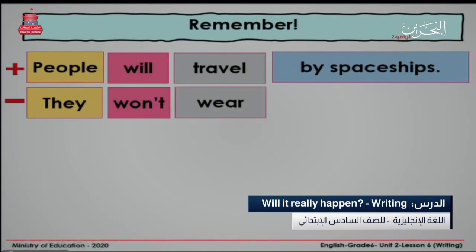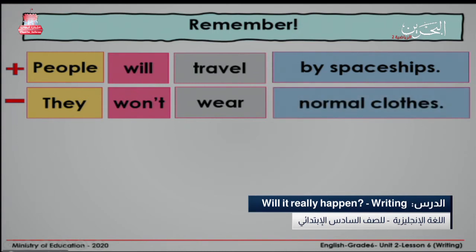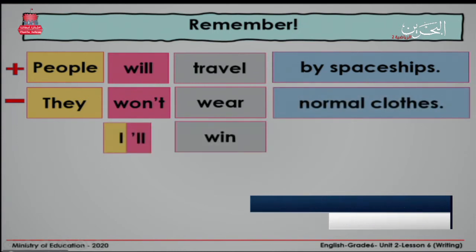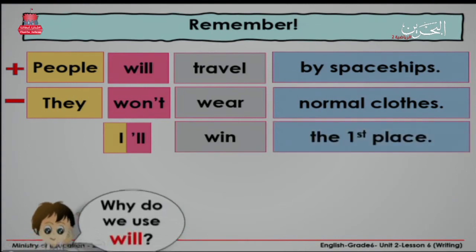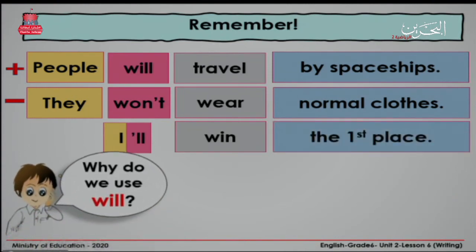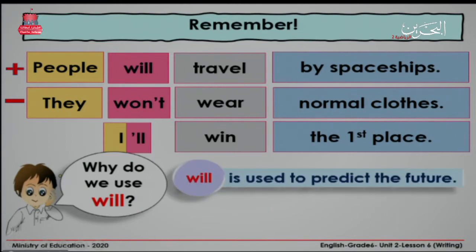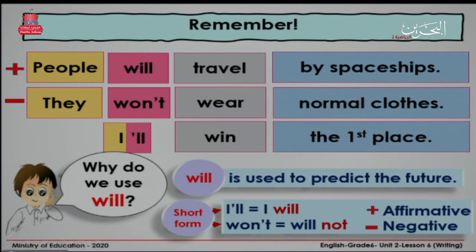I'll win the first place. Why do you use will? Will is used to predict the future. The short form of the affirmative I will is I'll. The short form of the negative will not is won't.